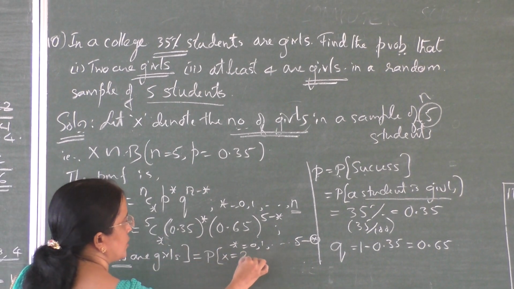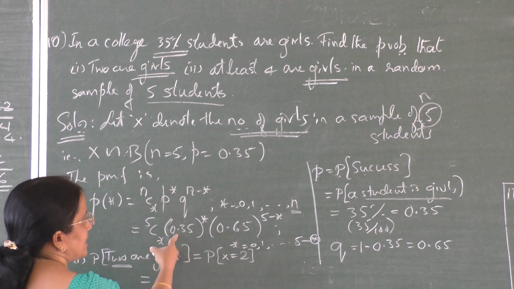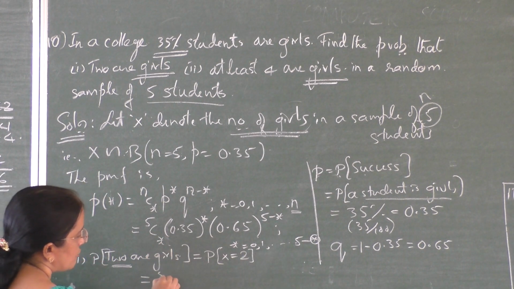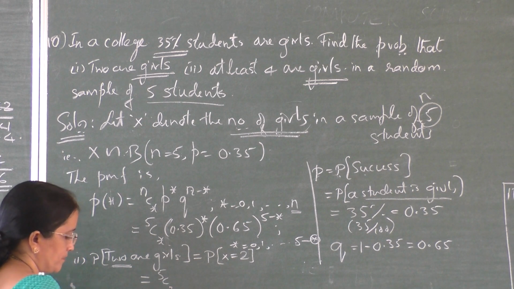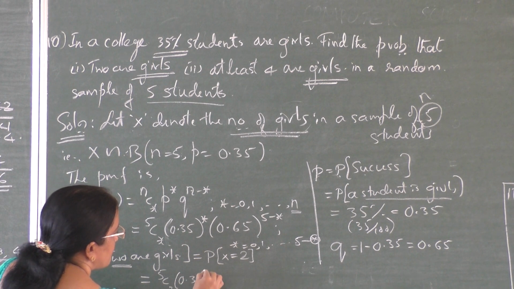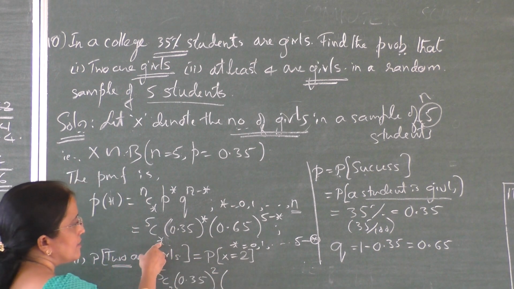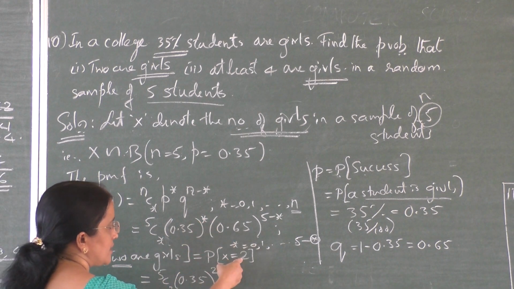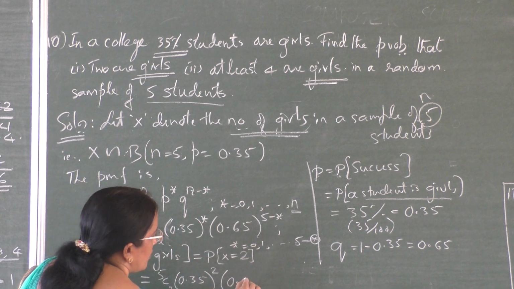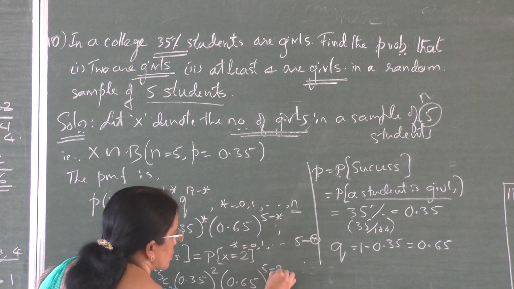So X is equal to 2. We have to substitute in the probability mass function. So go through this. 5C2 into 0.35 power 2 into, that is, wherever there is an x, put 2. Next, 0.65 power 5 minus 2.